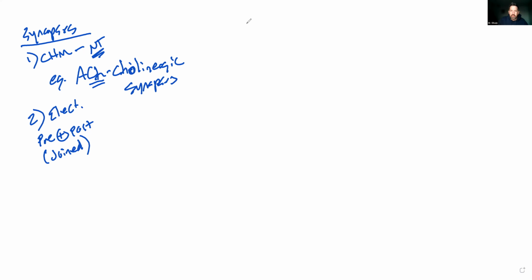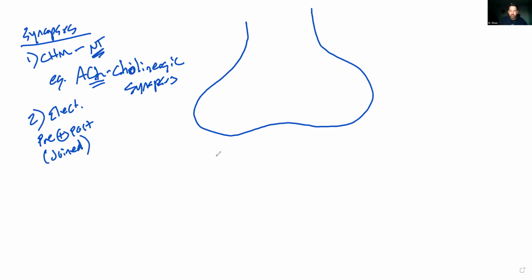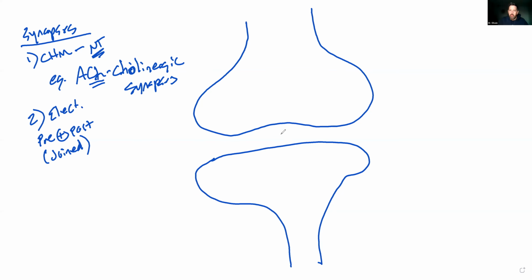If we go back to that generic synapse we drew out before, we can draw out another one here and talk about it more in depth.